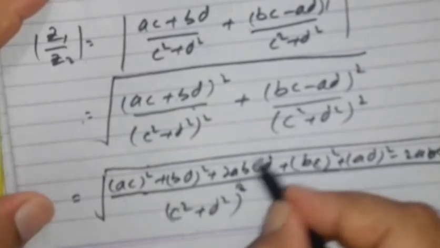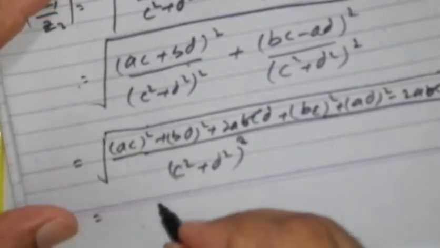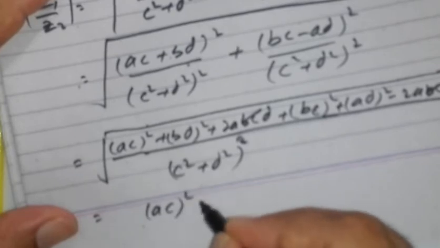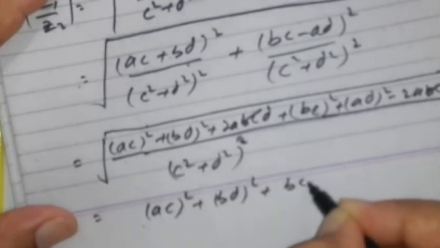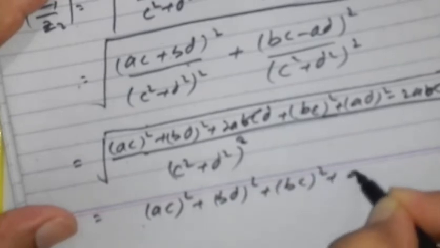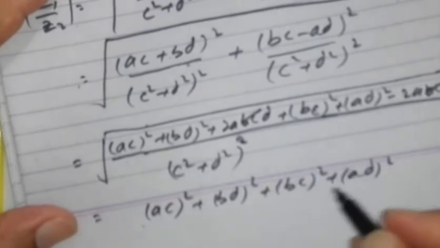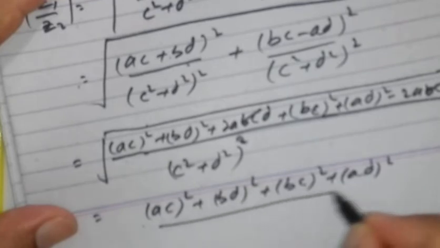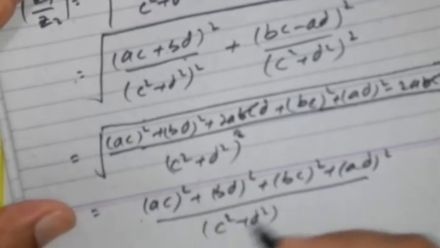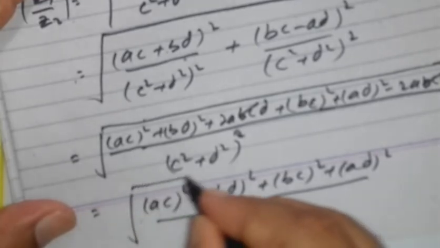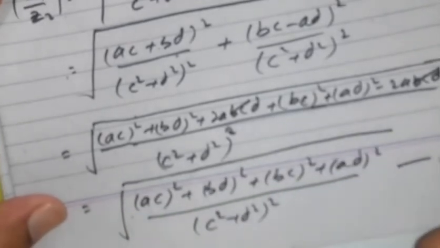These two cancel with each other, so we get (ac) square plus (bd) square plus (bc) square plus (ad) square divided by (c square plus d square) whole square, whole under the root. This is equation 1.